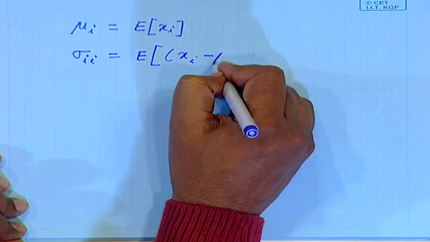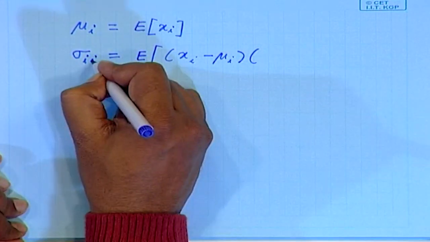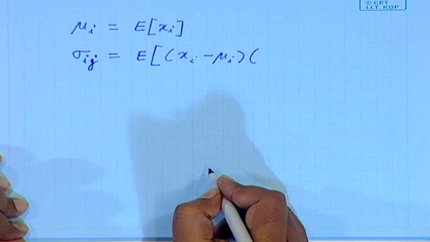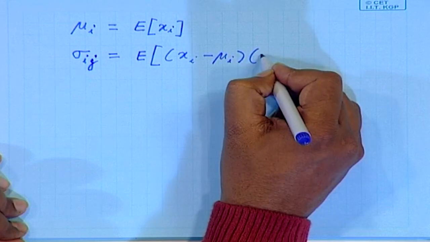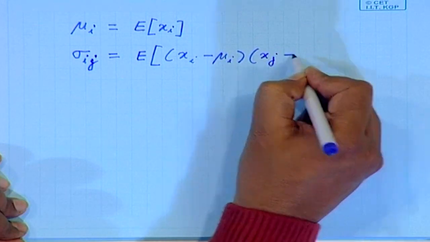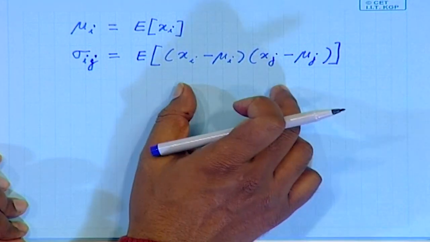Let us make it more general: the ijth component sigma ij in my covariance matrix will simply become the expected value of (xi minus mu i) into (xj minus mu j). So, when I take these two different components xi and xj, this gives you the covariance between the ith component and the jth component.